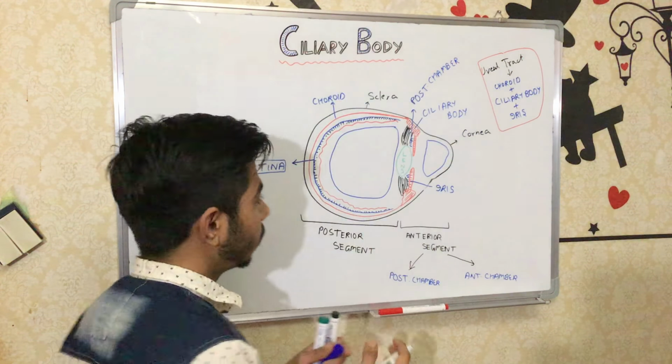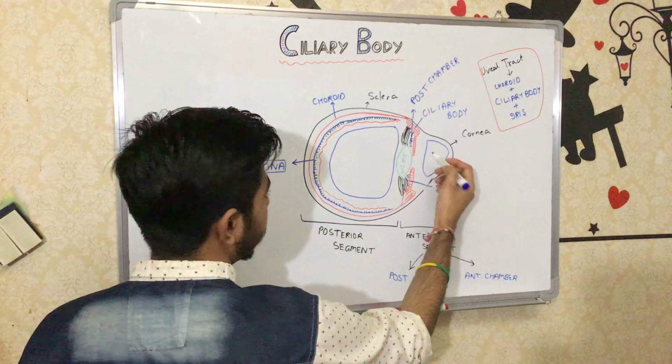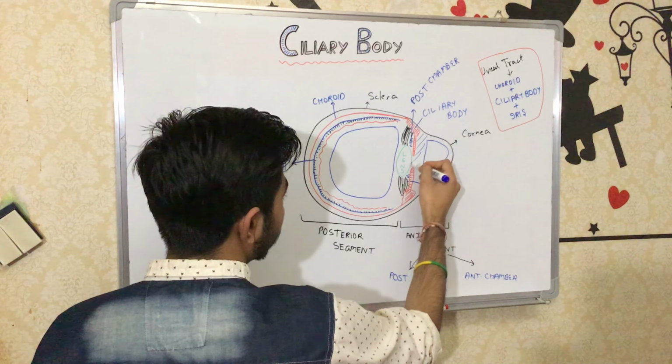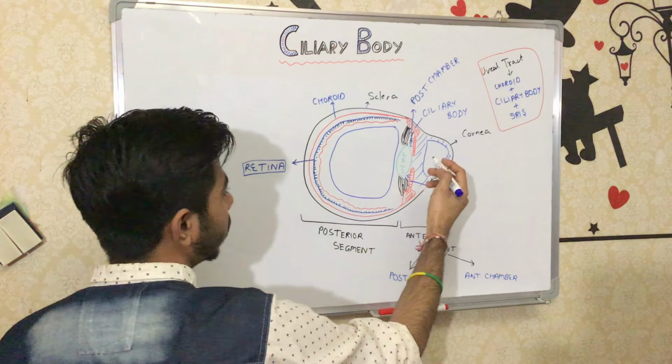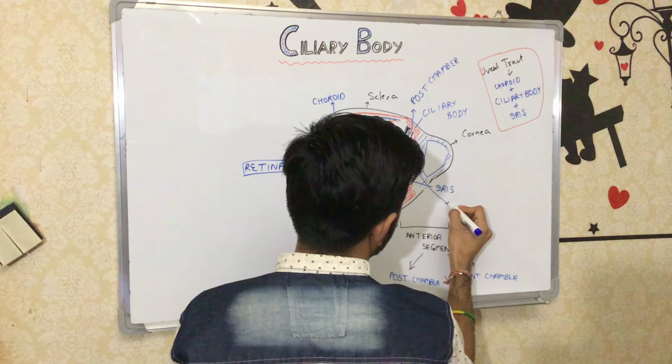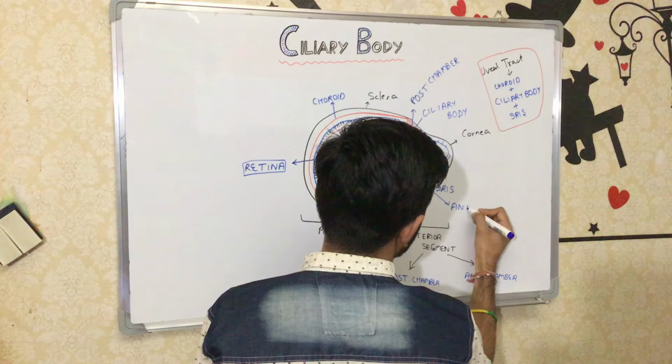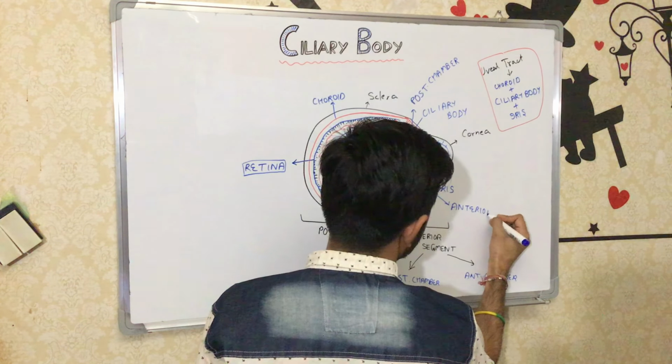And the portion between the iris and the cornea, this portion here, will be the anterior chamber.